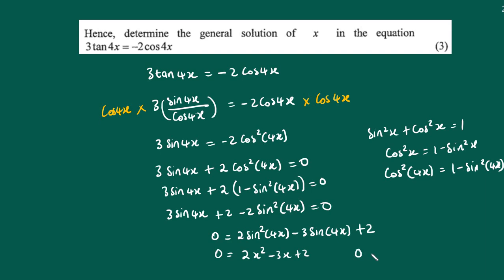Okay, I think you should have 2x and then x. You need minus 2, minus 1, minus 2. Yeah, you see.